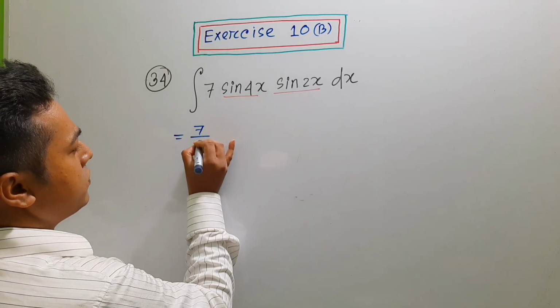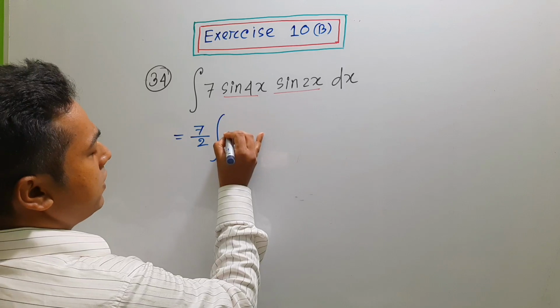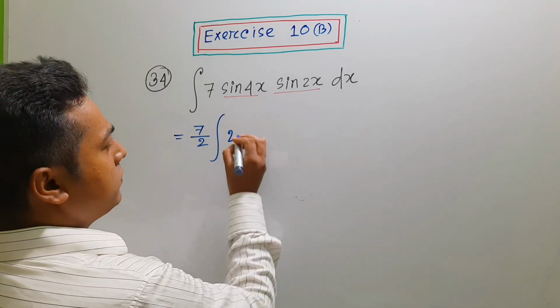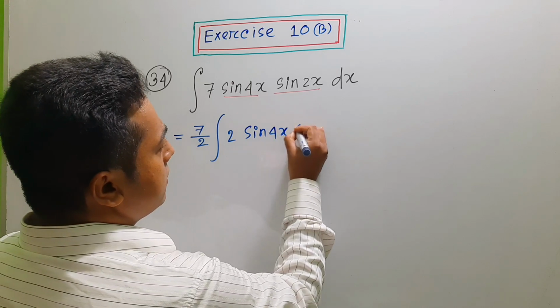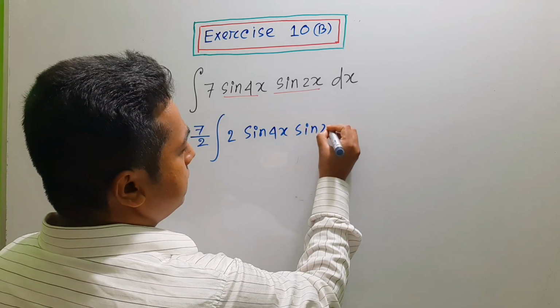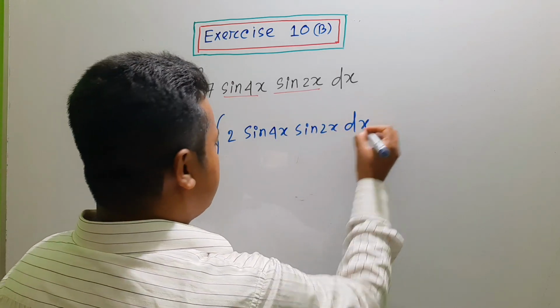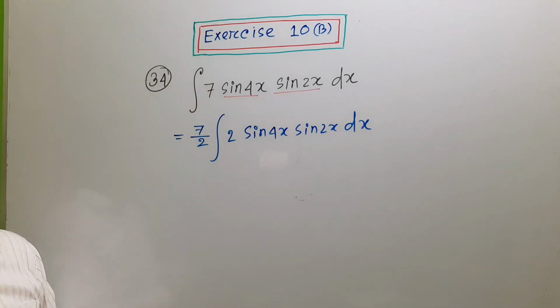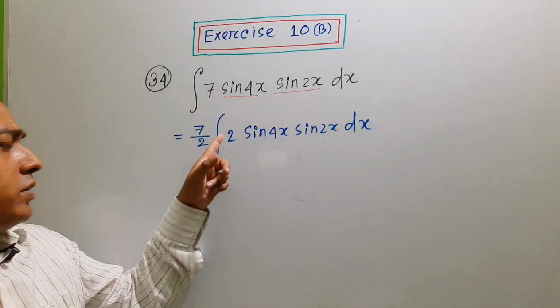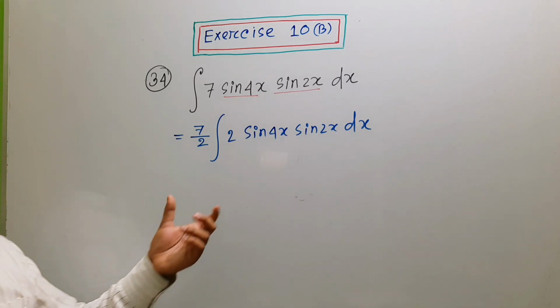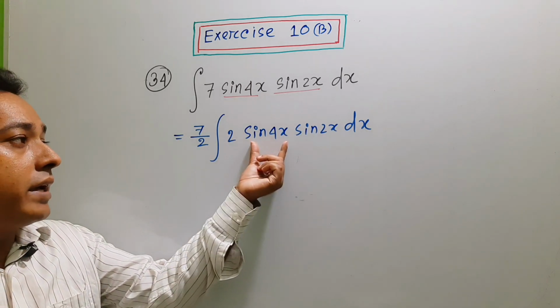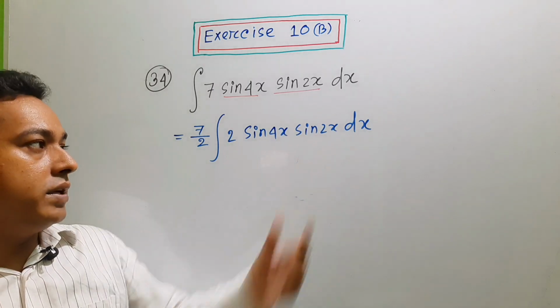7 divided by 2 into 2, then sin 4x sin 2x dx. Here 7 by 2 into 2 is equal to 7. Now we can apply 2 sin a sin b.